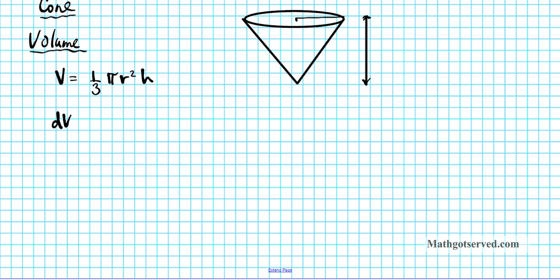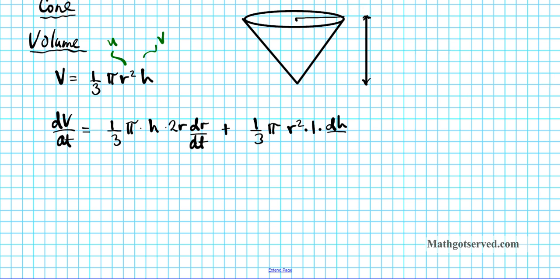So we have dV/dt is equal to, we're going to use the product rule here, 1/3 pi. Now this is u, and this is v. And then we know what the product rule is, right? v u prime plus u v prime. So 1/3 times v, the derivative of u is going to be 2r dr/dt using the chain rule, plus, we have to keep the 1/3 pi, it's distributed, u, which is r squared, times the derivative of h, 1, using the chain rule, dh/dt.